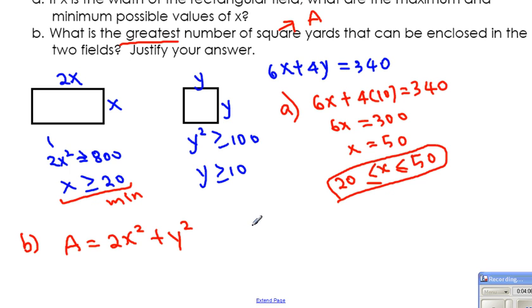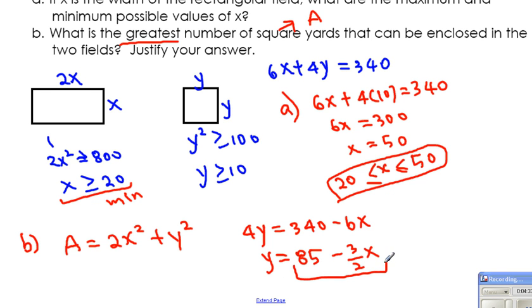So here we're going to solve for y. Then 4y must be equal to 340 minus 6x. By dividing by 4, y becomes 85 minus 3 over 2 x. So we put this in place of y.